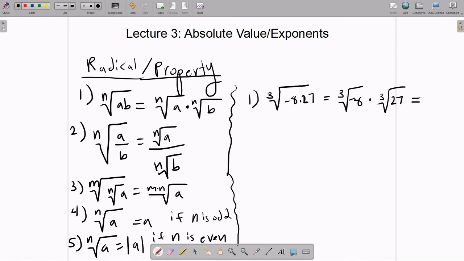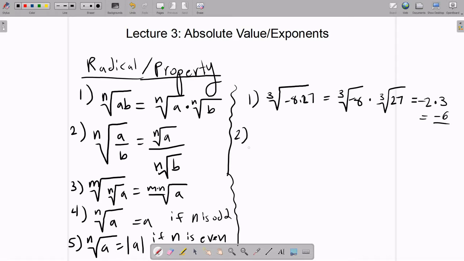If you simplify these, you know that the cube root of -8 is just -2, multiplied by the cube root of 27, which is just 3, the result is -6.